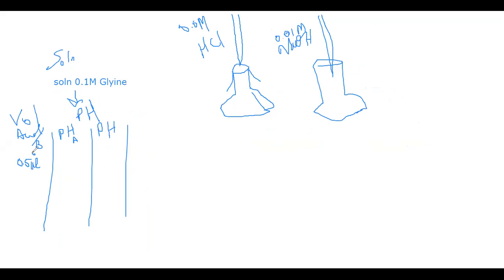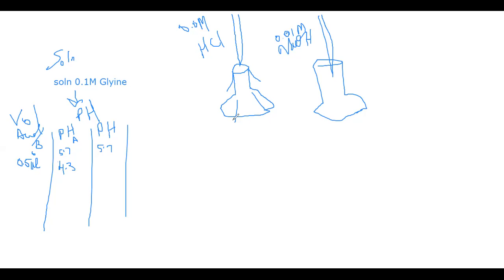When the volume was 0, say the pH was 5.7. We add 0.5 microliter, and when we add the acid, pH must drop down. Say for example, it's 4.3.